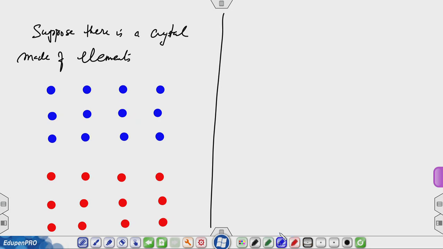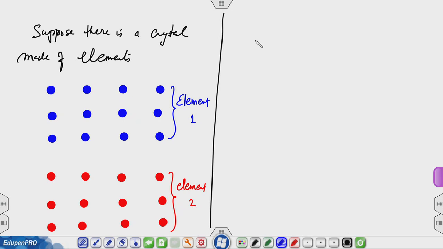So, let us call them element 1 and the other one element 2. And now, suppose they form a compound, and I have a third crystal which is made of these two elements.